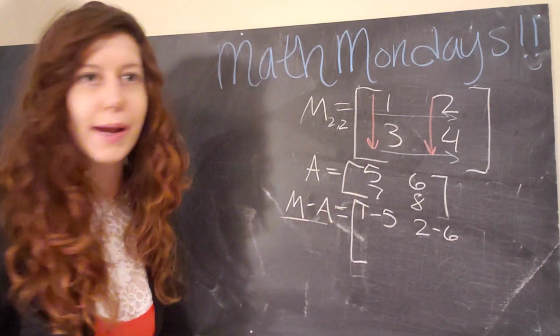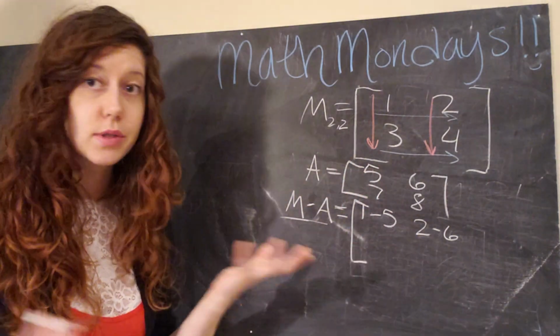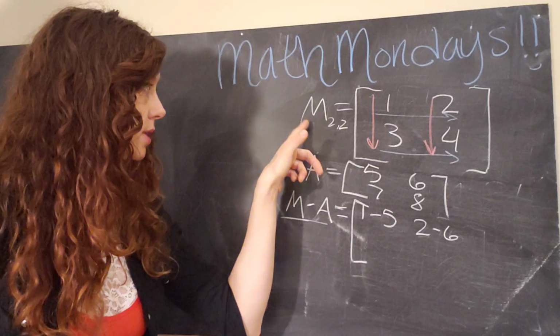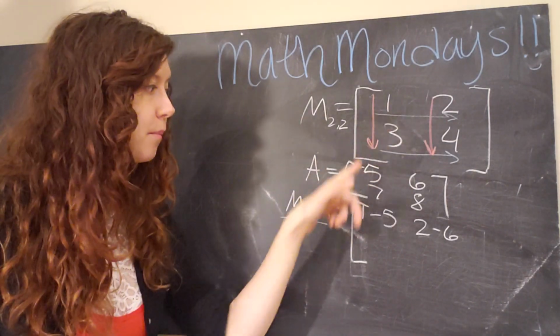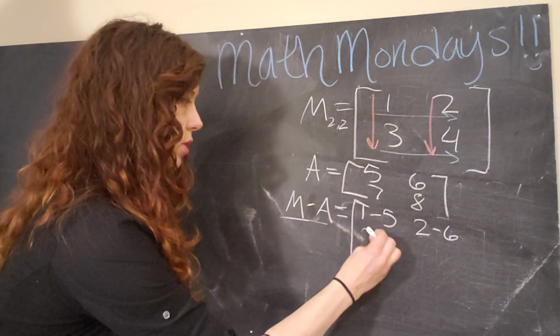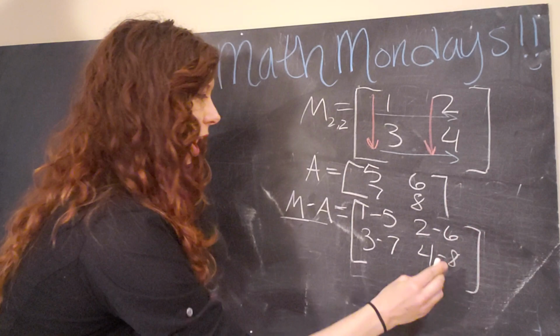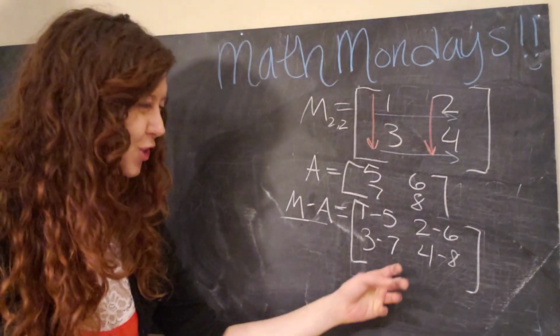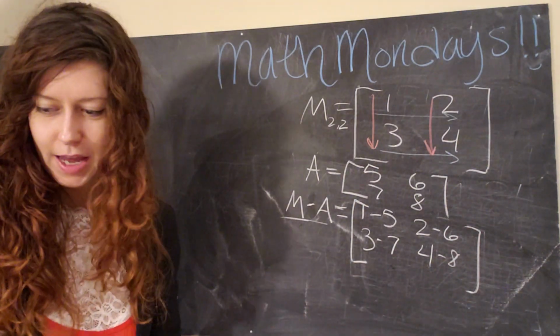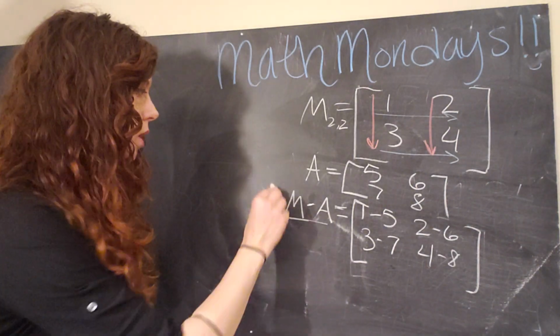And just like with regular old subtraction, the order of subtraction follows the order in the equation. So in this case, the elements in M come first, and the elements in A come second. So then we do 3 minus 7 and 4 minus 8. I like how this one turns out, so you should definitely finish solving that for me and let me know what the final matrix is.